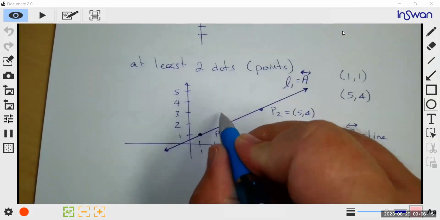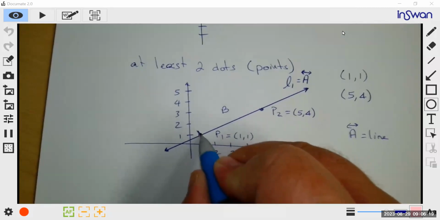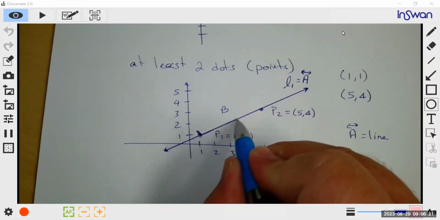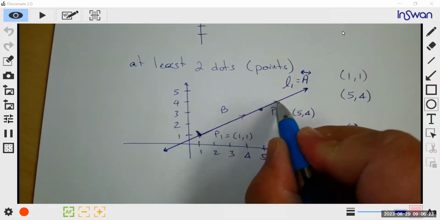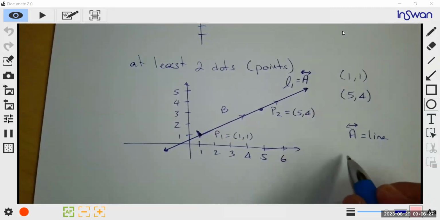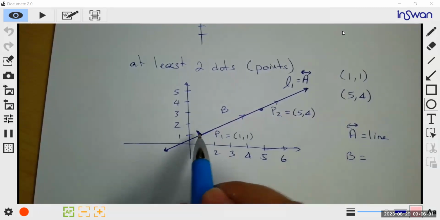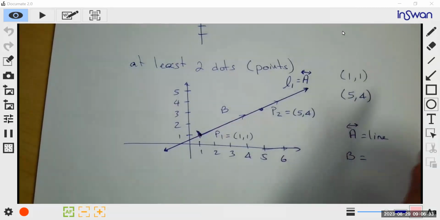Let's call this one B. It starts from here and goes on forever. What's that called? If it starts at one point and goes on infinitely. Very good.